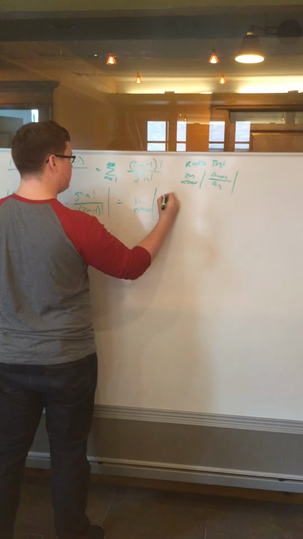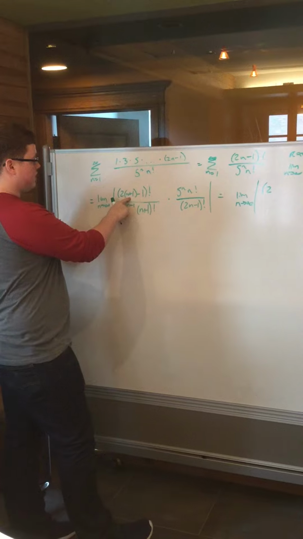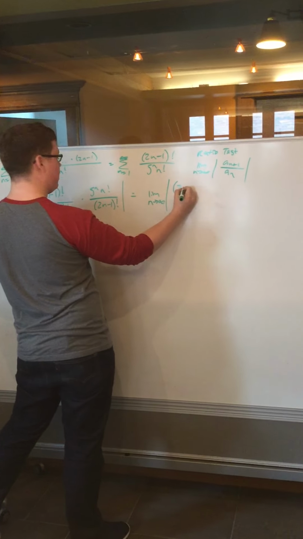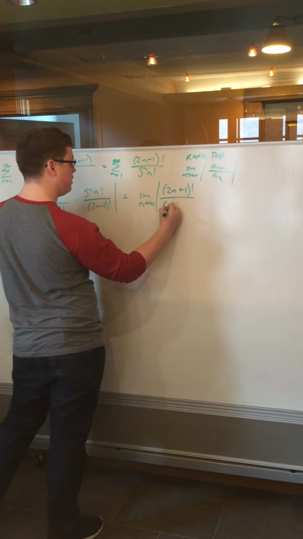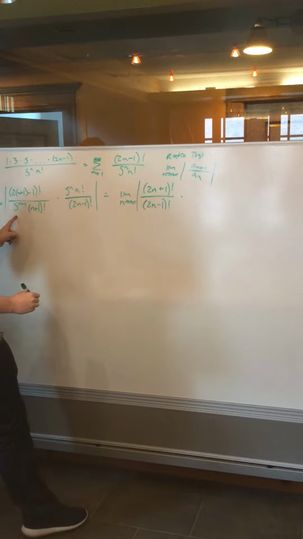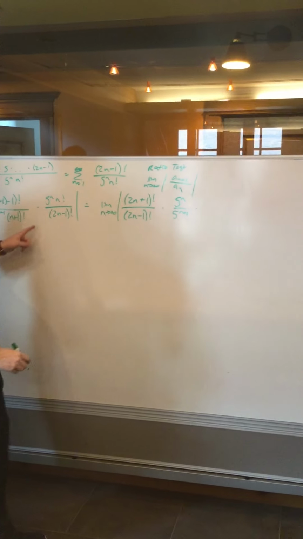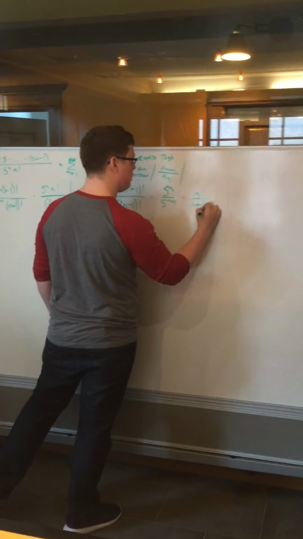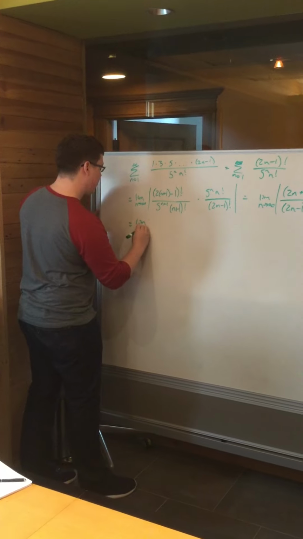So I'll have the limit as n approaches infinity of the absolute value of, simplifying this, 2n plus 2, and then subtracting 1 from that, you'll get (2n plus 1) factorial over, and I'll put it under this one because that's the one that matches up with (2n minus 1) factorial, multiplied by 5 to the n over 5 to the n plus 1, multiplied by n factorial over (n plus 1) factorial, and an absolute value.